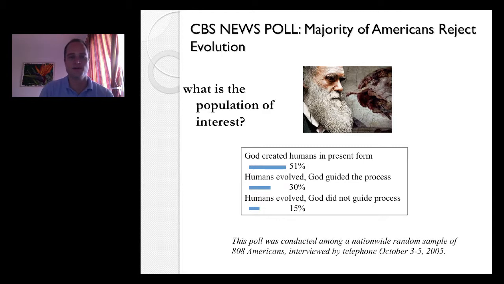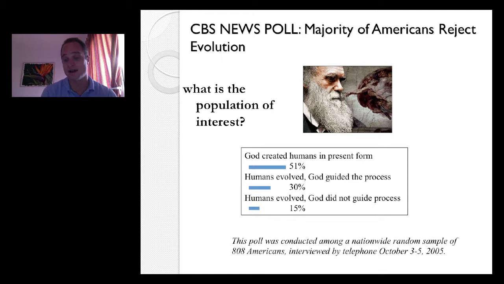So the first question is, what's the population of interest? The second question is, what's the sample? Well, down here in italics, it says this poll was conducted among a nationwide random sample of 808 Americans interviewed by telephone. So a sample of 808 Americans is used to extrapolate what the country thinks.